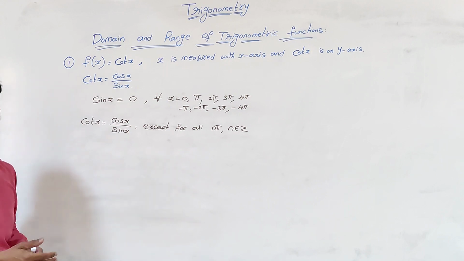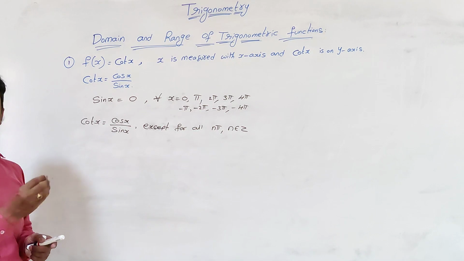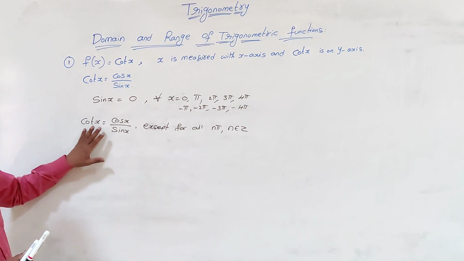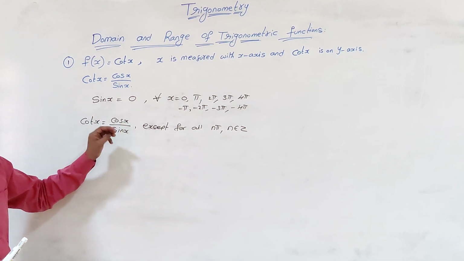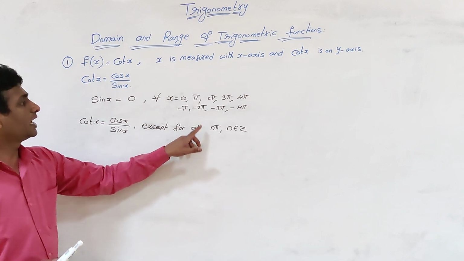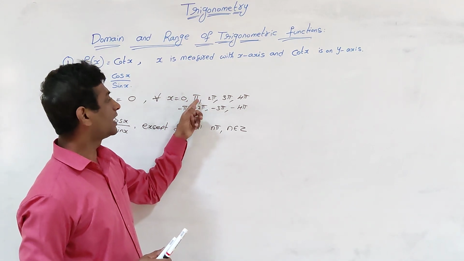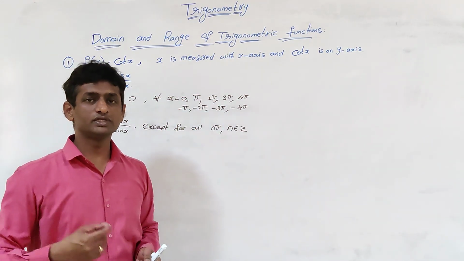It is multiples of pi. Now we will see the shape of cot x by taking some values. And cot x is defined for all values except at 0 degrees, pi, 2 pi, 3 pi. Now we will see the shape.